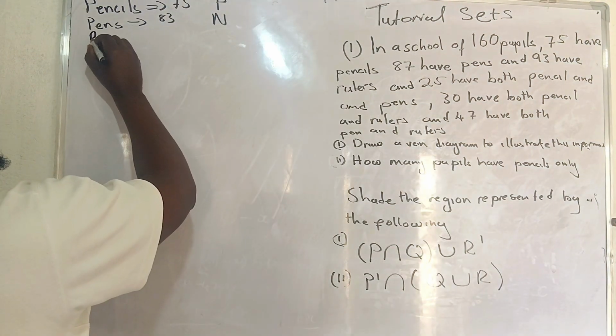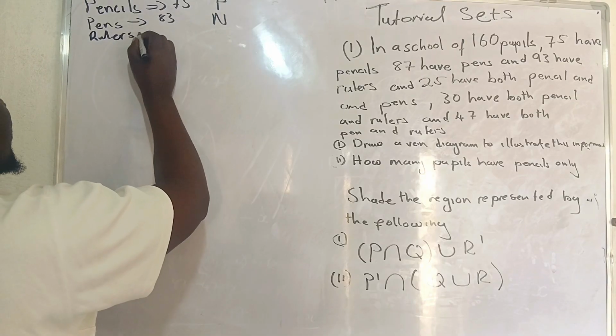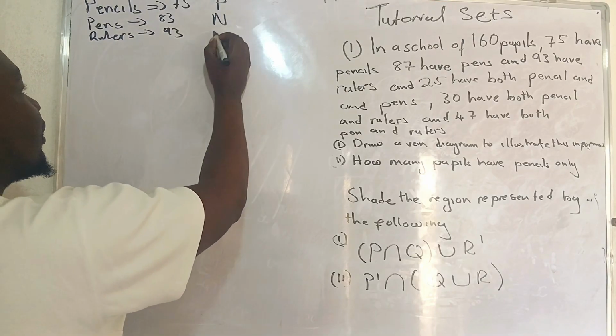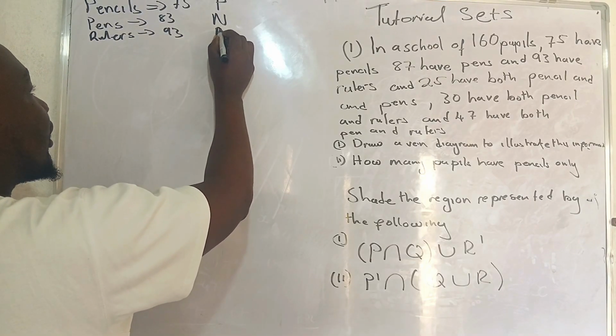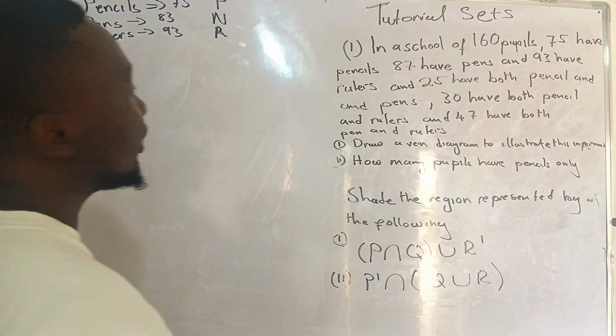So we're going to have group ruler, 93, and we're going to name it R.